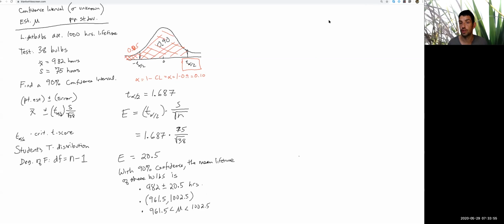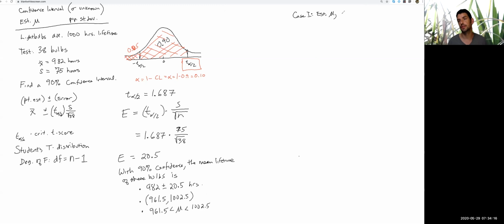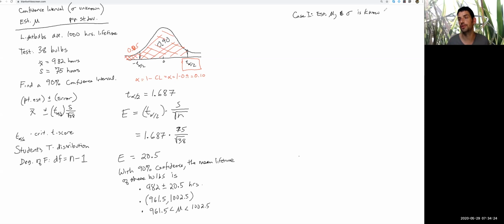So let's do one more thing. That's it for the confidence interval. So what I just want to point out is the similarities between the confidence intervals that we have so far. So we had case 1, where we are going to estimate the population mean and the population standard deviation, sigma, is known, right?